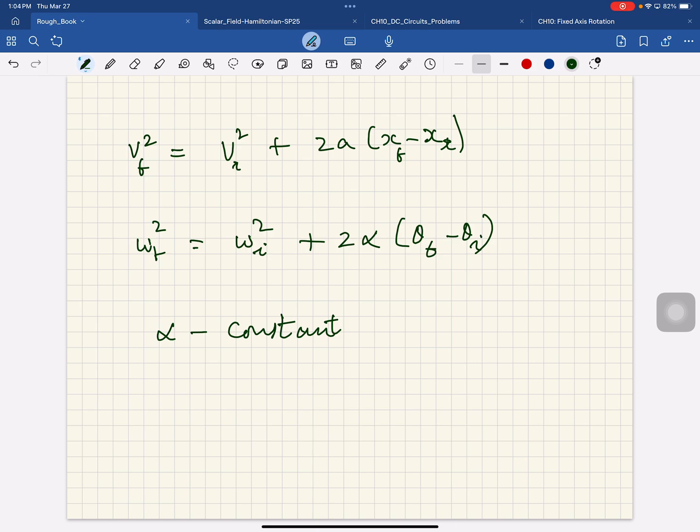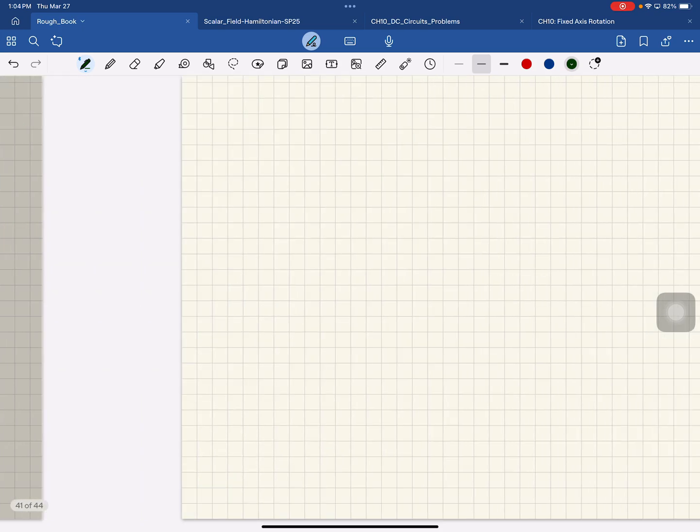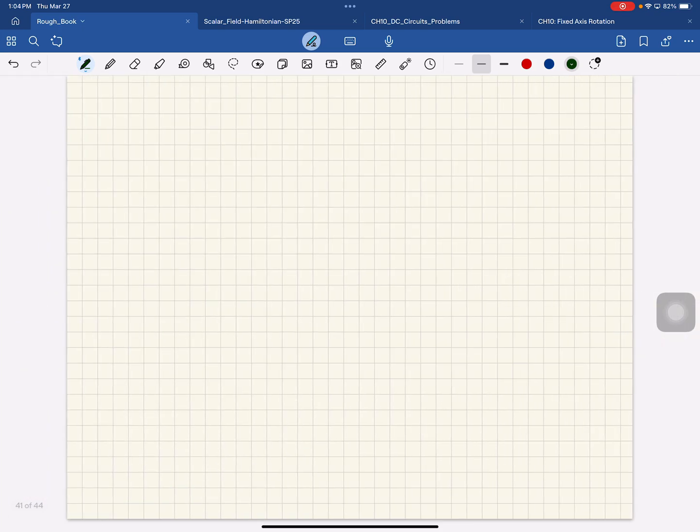All right, over the next two chapters, here's what you're going to study. You replace x by theta. You replace v by omega. You replace a by alpha. You replace force by torque. You replace mass by moment of inertia.